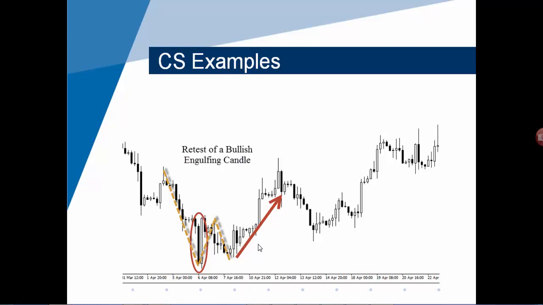We know exactly what patterns we're looking for. We know exactly how we're going to get into these trades, and therefore we have an idea of the outcome. And it's not on a trade by trade basis, as I mentioned in previous lessons. What we're looking for is consistency, trading the same thing over and over and over again. And with good risk to reward money management, we are going to make money.